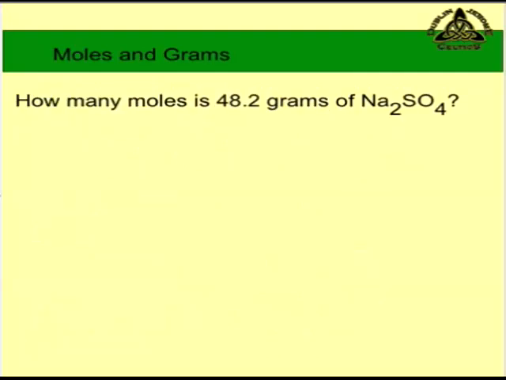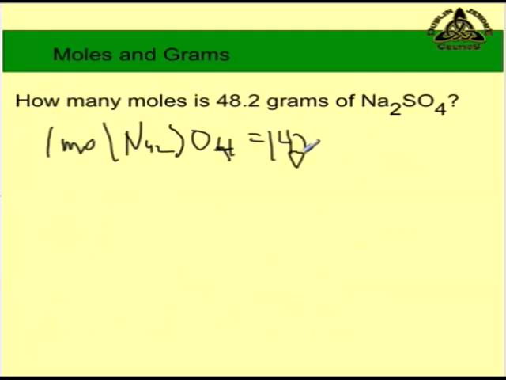Let's do one more question. We want to know how many moles 48.2 grams of Na2SO4 is. Well, we wrote down a while ago that 1 mole of Na2SO4, that's a 4, I hope, equals 142.02 grams of Na2SO4.